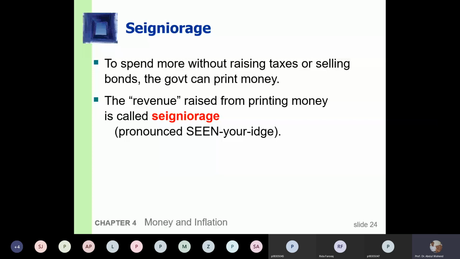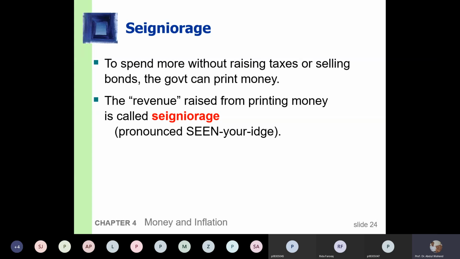Now this practice is more common particularly in economies that are not documented, like developing countries where people are not paying taxes, and it is difficult to trace people for taxes, and tax evasion and tax avoidance are there.